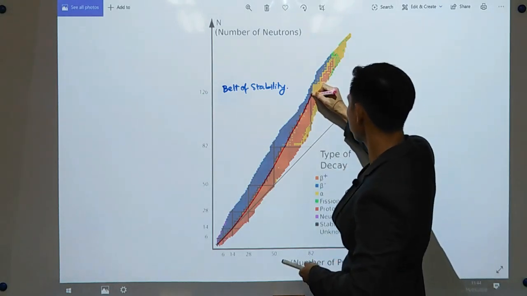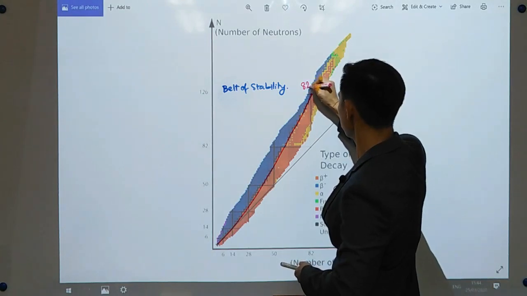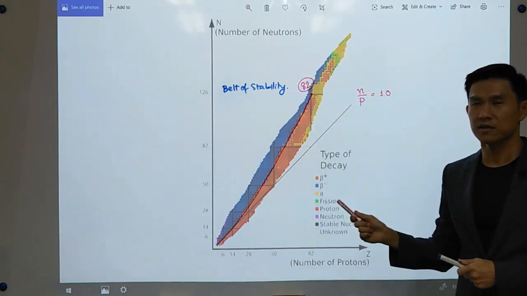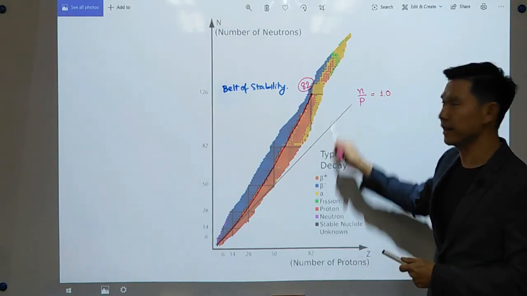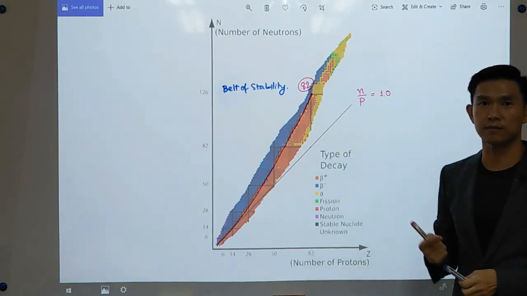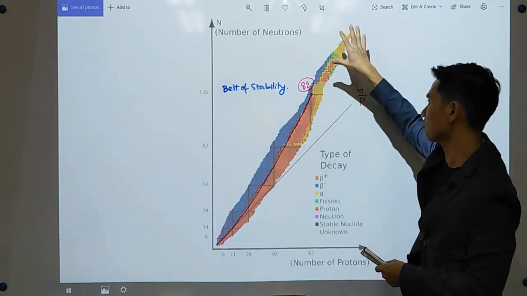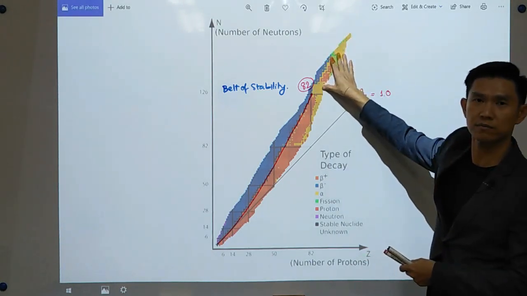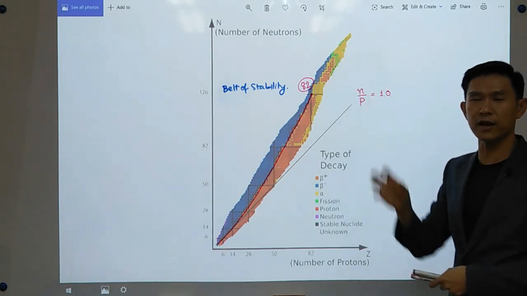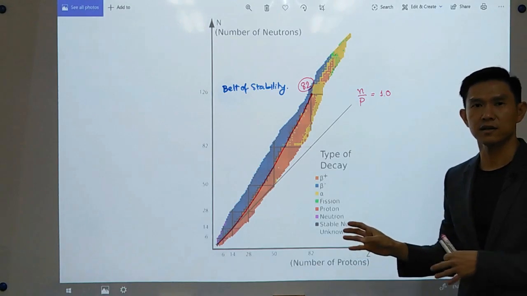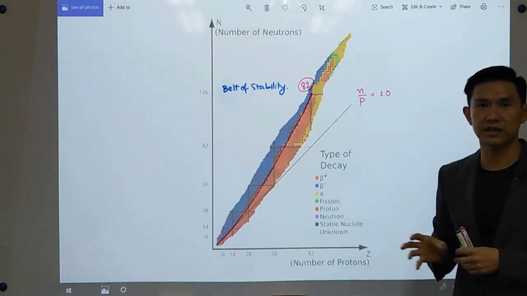So this point is number 82, or this is lead, right? And then from 83 and so on, bismuth is number 83, right? Bigger than that, there are no stable isotopes available. That means every isotope of bismuth and the elements bigger than that can decompose very easily.